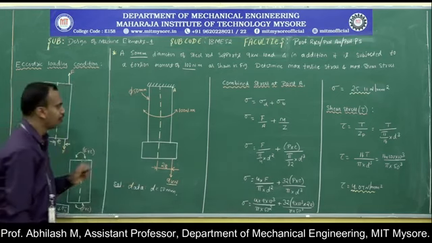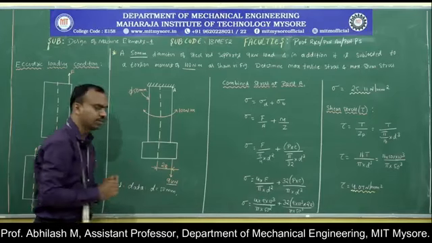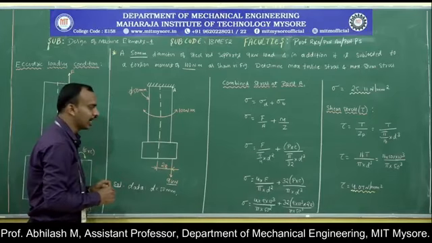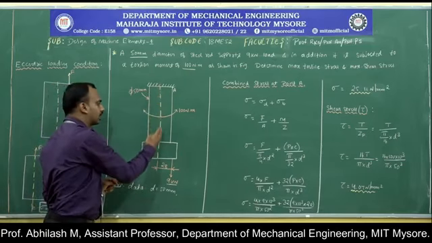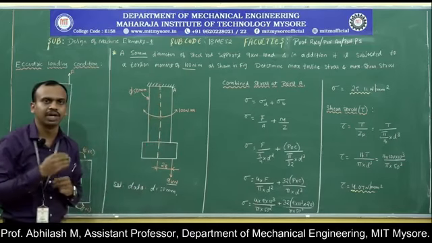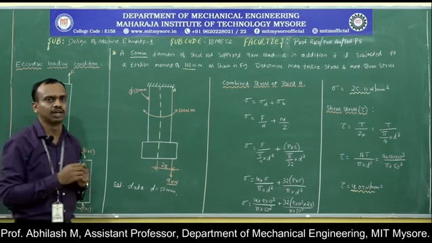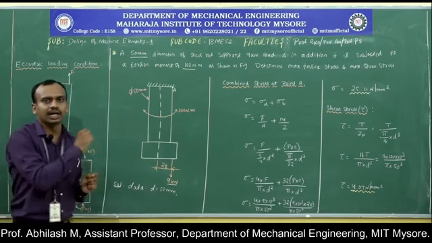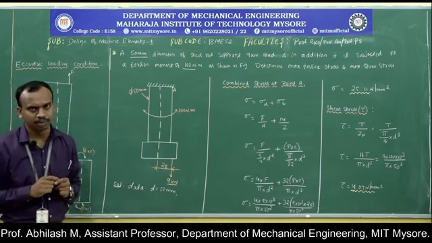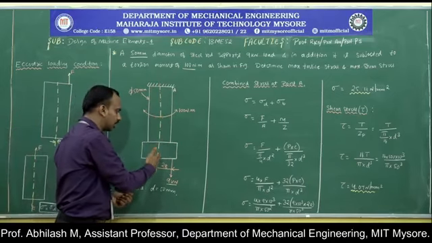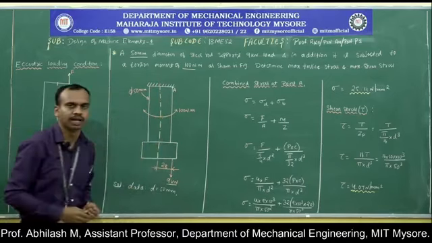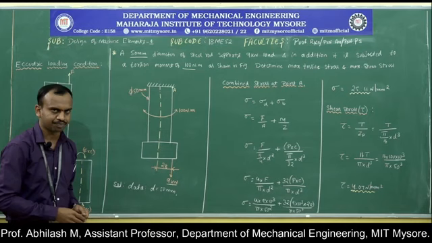If we look into the given problem, the loading condition is not acting along the centroidal axis of the member, whereas in the previous cases we know that the axial load acts along the centroidal axis of the member. Here it is at some eccentric distance of 28 millimeter.